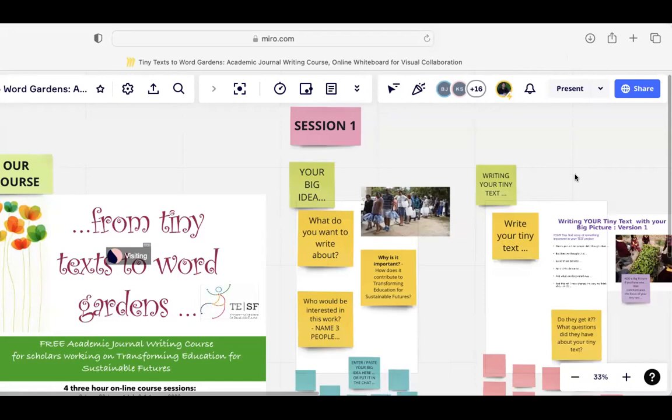Yeah, so Arundhati, good question. It's usually quite helpful to identify the journals early on, because every journal has its own style and requirements, and word length limits. So it helps if you have a sense of where you're aiming to go.